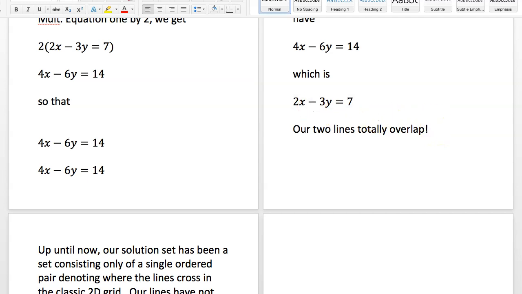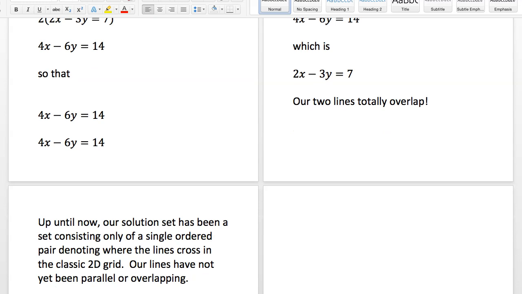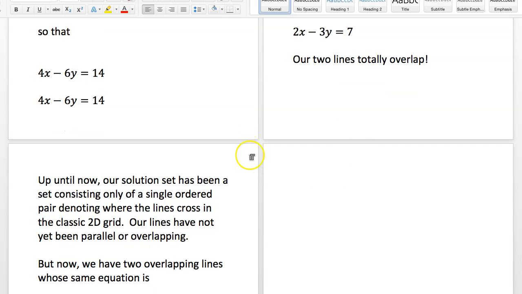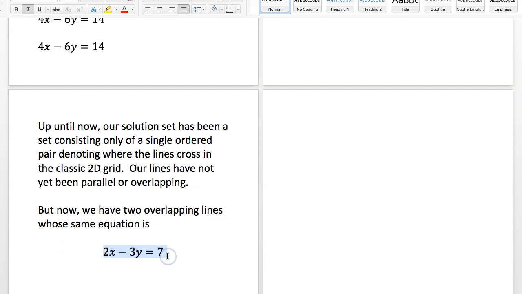So we have 2 overlapping lines whose same equation is 2x minus 3y equals 7, right? 4x minus 6y equals 14 can equivalently be written as 2x minus 3y equals 7, and that's the better table manners way to write it.